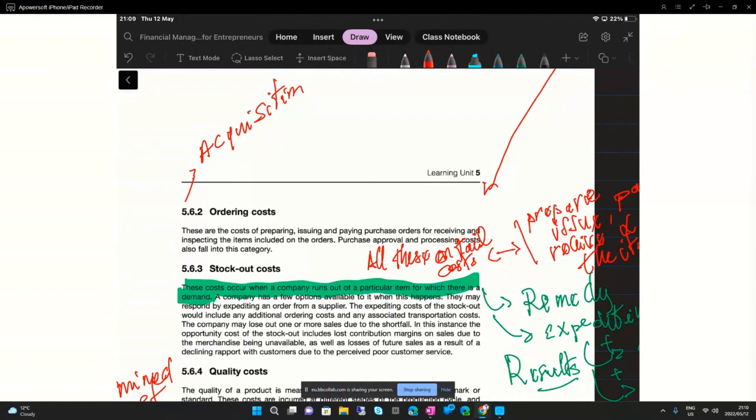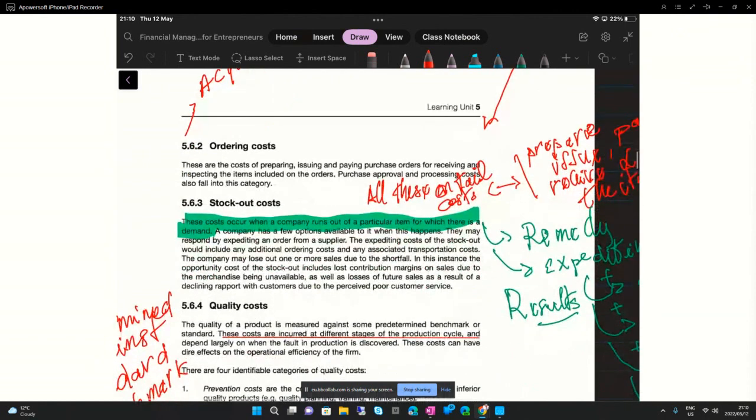Because we also need to know that the inspector who will come to inspect if it's the right, the correct item, and if it's meeting the standards, all those things involve somehow a cost. Those processes involve cost. You need to know that.